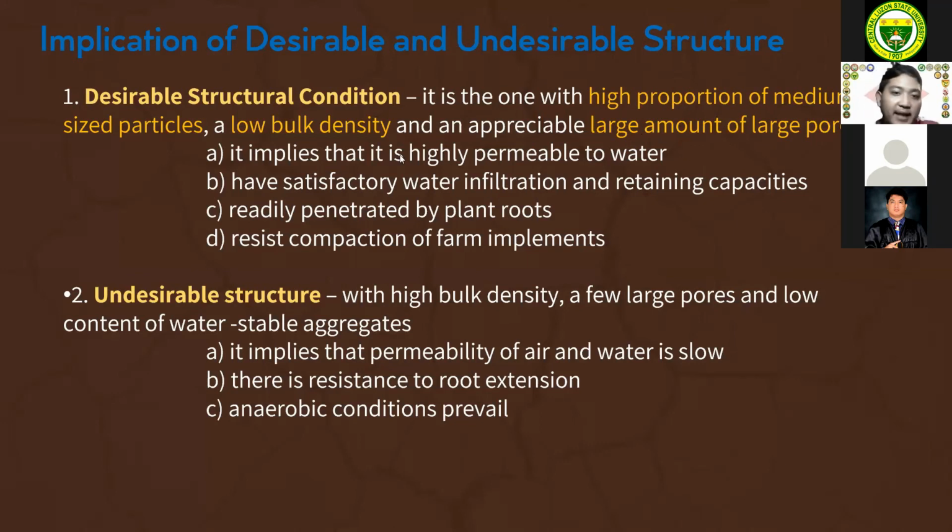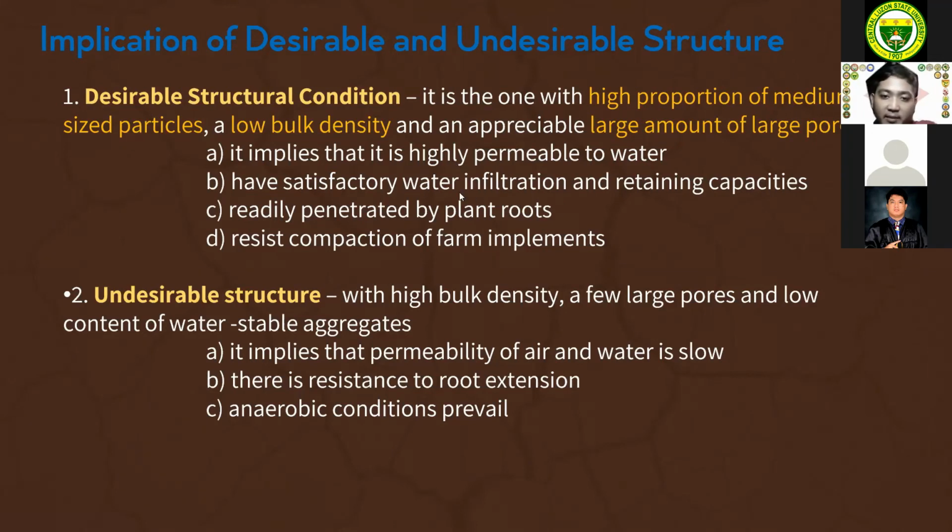So it implies that it is highly permeable to water. So in desirable structure, yung water natin ay freely mapepenetrate ng water. So it is permeable to water. Have satisfactory water infiltration and retaining capacities. Dapat nag-i-infiltrate yung water doon, hindi nagkakaroon ng runoff. So that's a desirable structure.